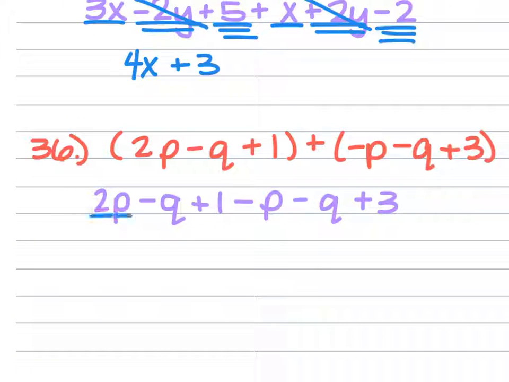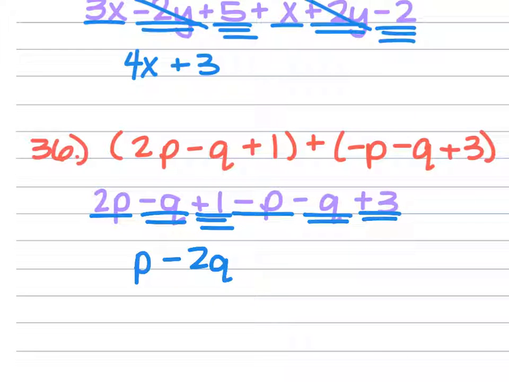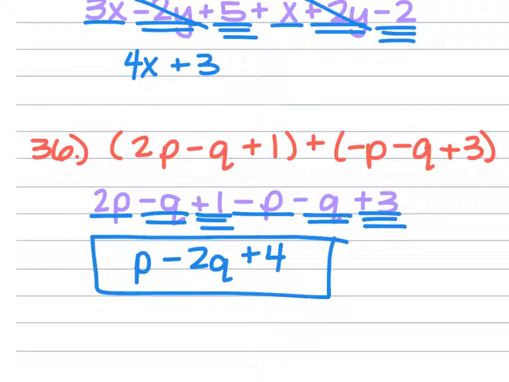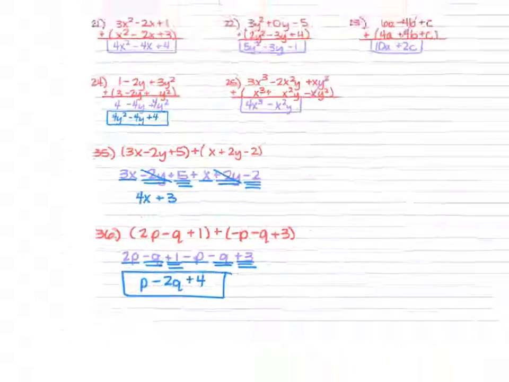The 2p matches with the negative p, and we subtract those and get p. The q matches with the negative q, so negative q minus q is negative 2q, and the 1 plus the 3 gives us 4. So p minus 2q plus 4 is our solution for that one.